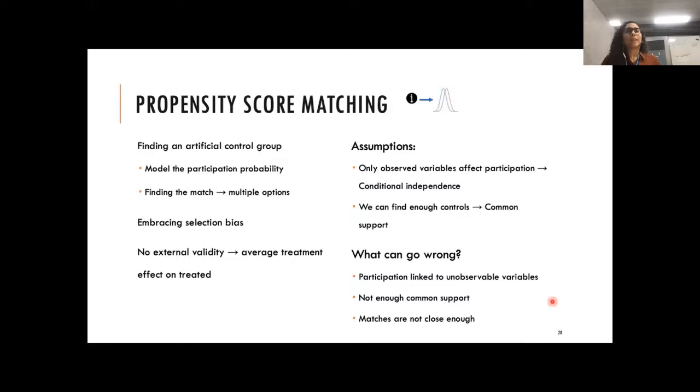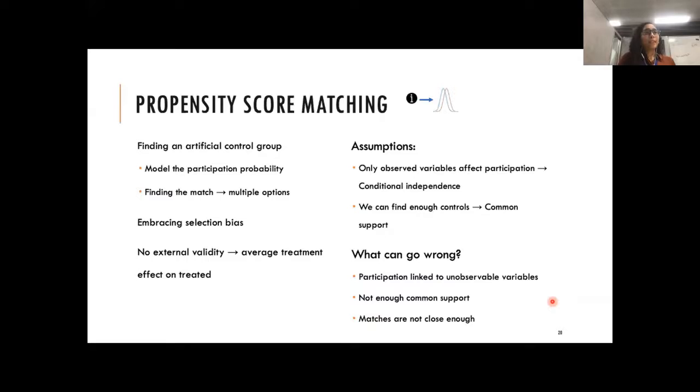And maybe that means they value education a bit more, and that's why they will send the kids to school more often. There are many stories that you can make up about how there is something else that you don't see that is affecting the probability of people to be assigned to the treatment group.